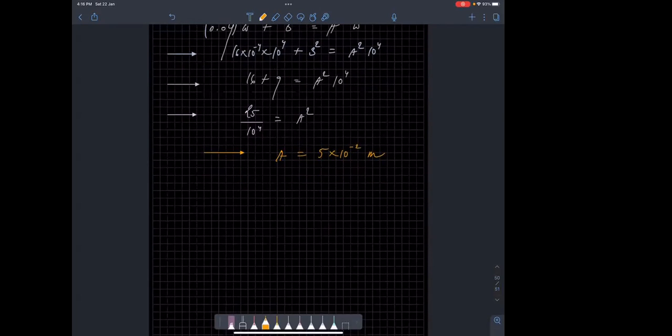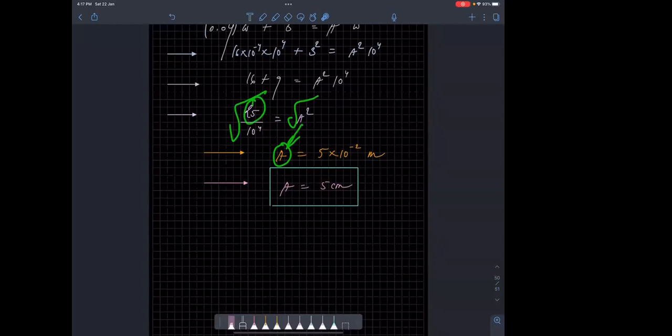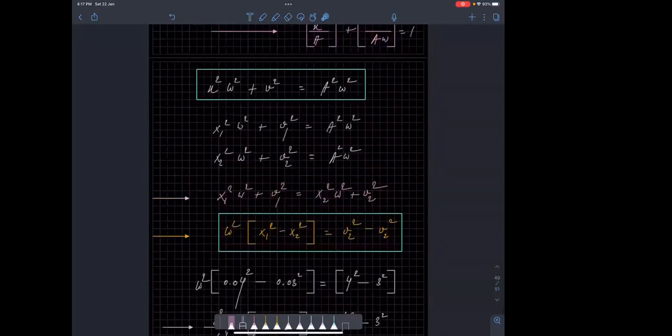So it is actually 5 centimeters, right? Clear? Calculation, did you understand? Take the square root here, a comes here; 5 comes on top and 10 power 2 on the bottom, so 5 into 10 power minus 2. It is in SI units, that is why it is meters. In centimeters, it is 5 centimeters. Clear?